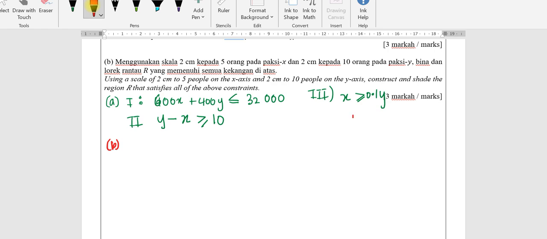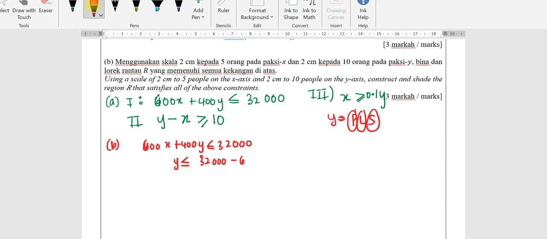Always use the method of making y the subject: make sure y is positive on your left-hand side and single. So 600x plus 400y is less than or equal to 32,000, and y is less than or equal to (32,000 minus 600x) divided by 400.